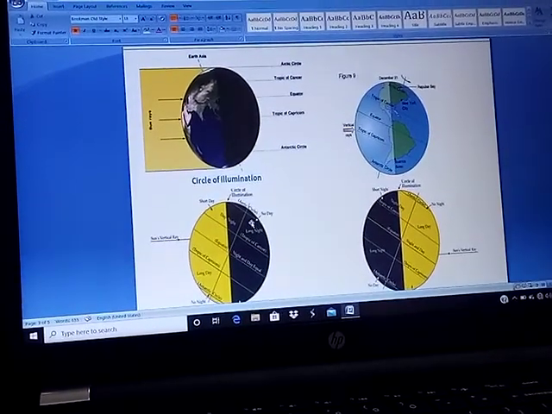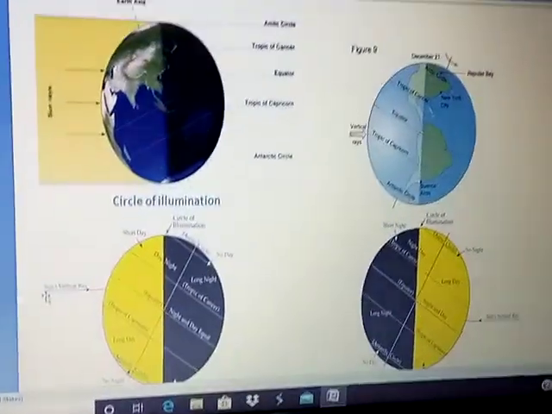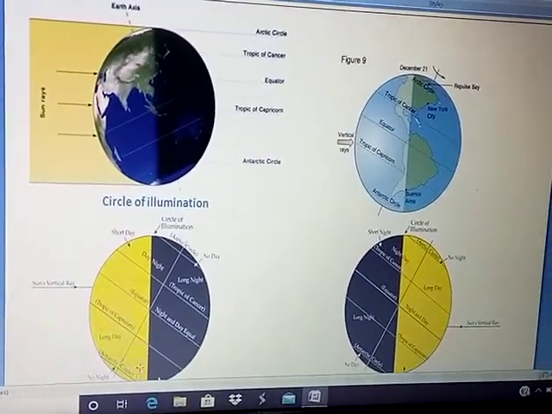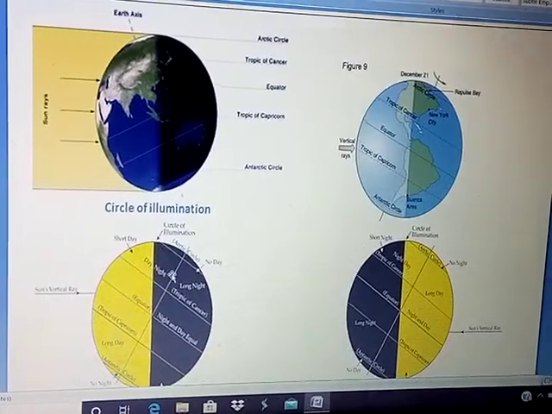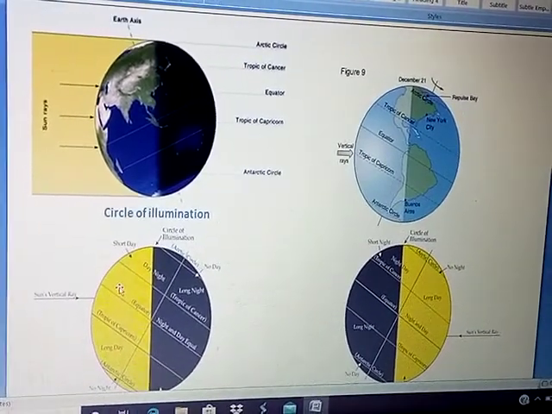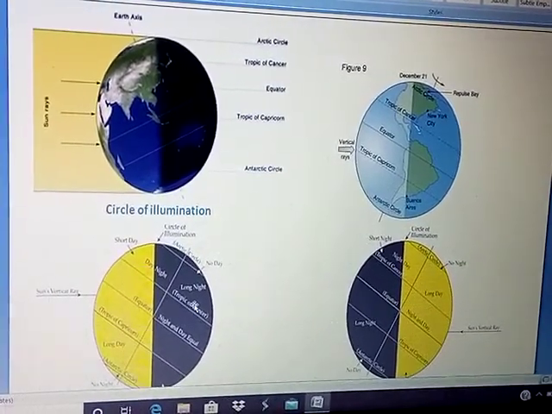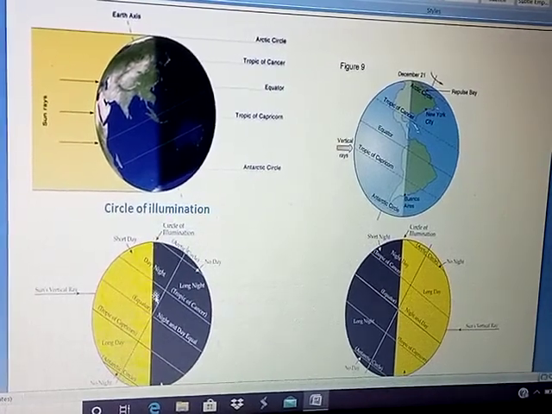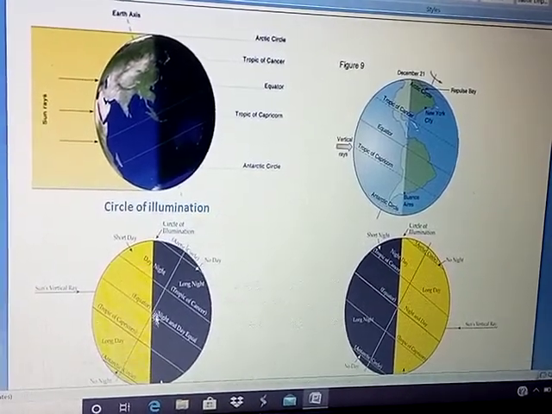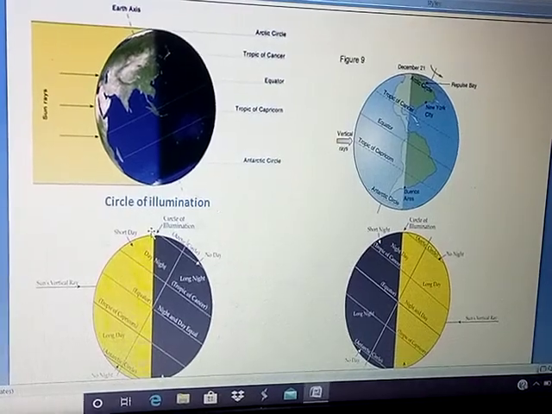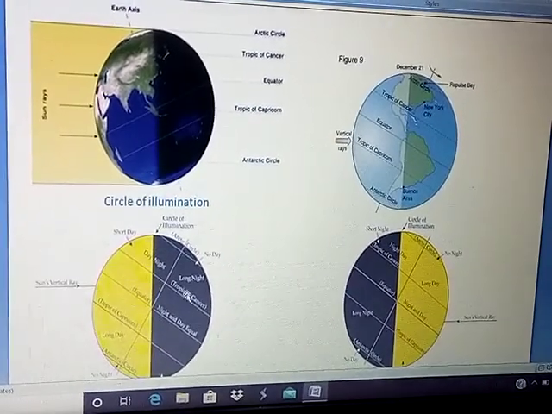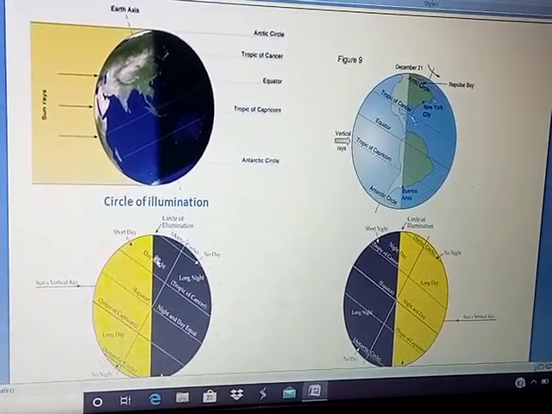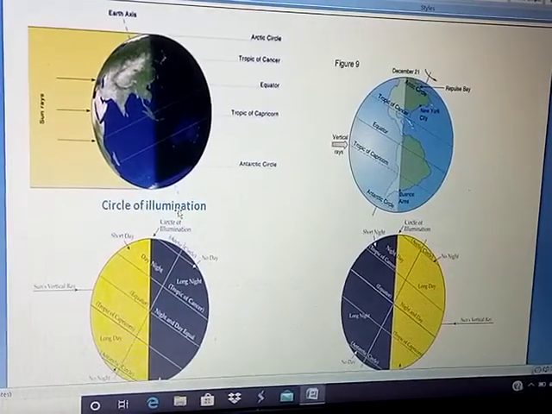In fact, if the sun is coming from this side, then this part of the earth is illuminated. You can clearly see there is a light part and a night part. So this is the line that determines the day and night line. This line is known as the circle of illumination.